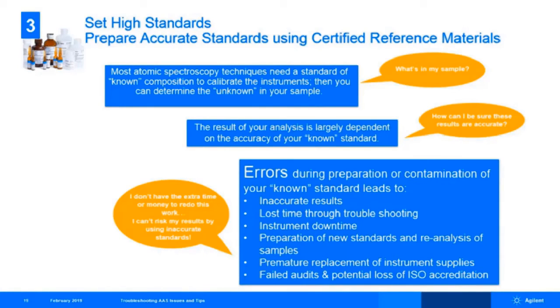Increasingly, regulatory bodies, such as the National Association of Testing Authorities in Australia or the United Kingdom Accreditation Service, are requiring ISO Guide 34 certified laboratories to use certified reference materials where available to enable them to verify and validate their methods and their results. So working with certified reference materials is really critical for your applications.